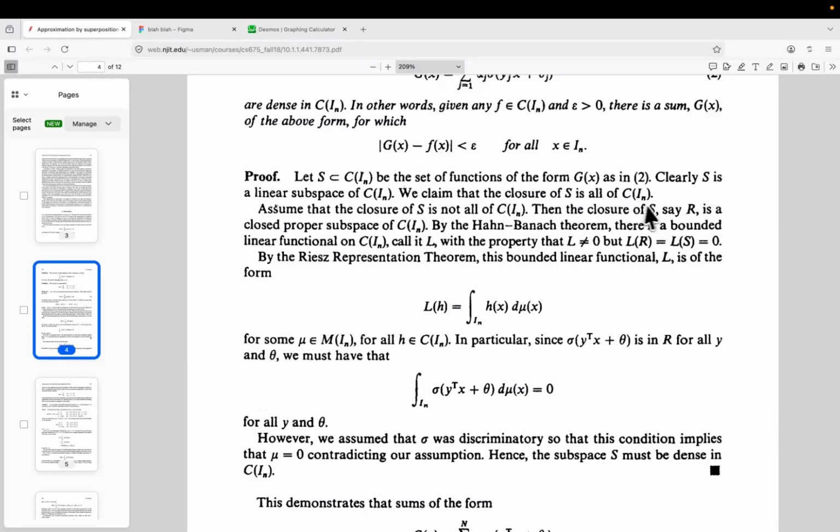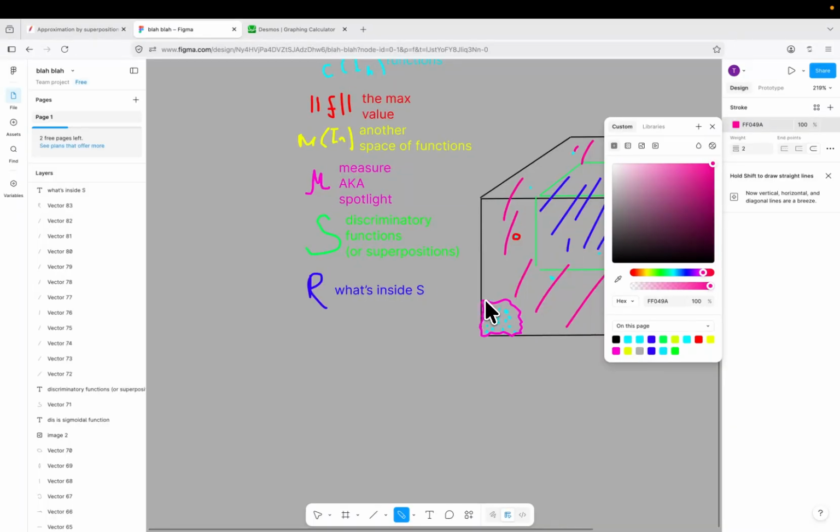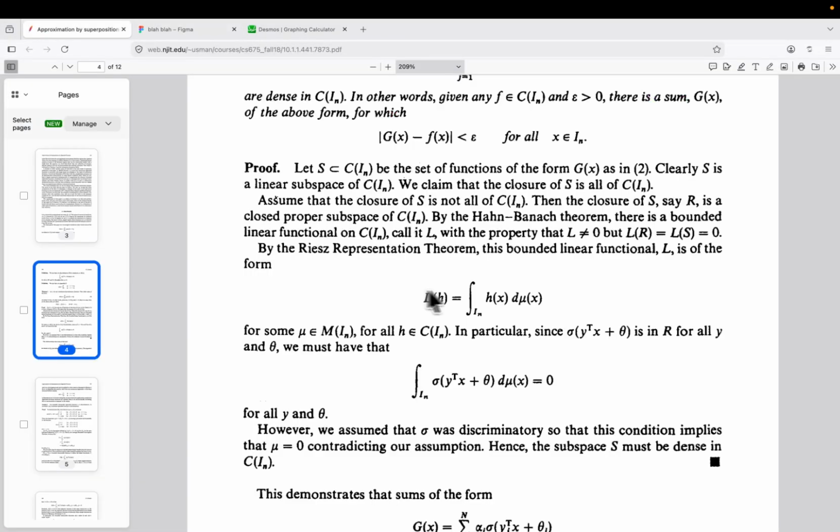It's R, but let's say it's a different closure of S. I actually want to get rid of it, that's the wrong idea to draw.